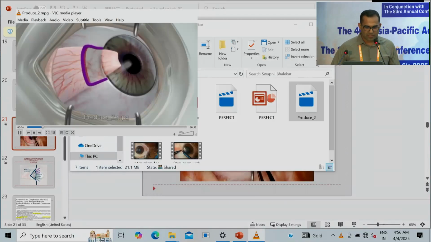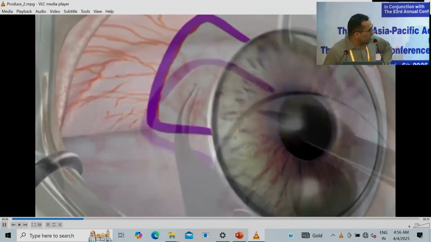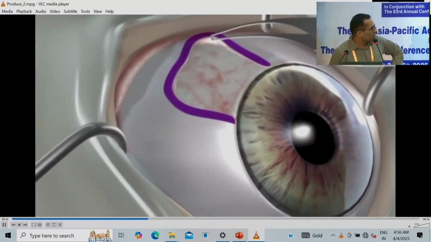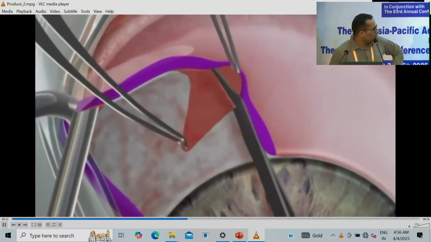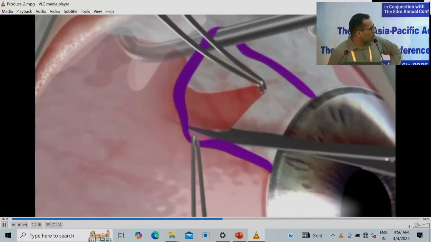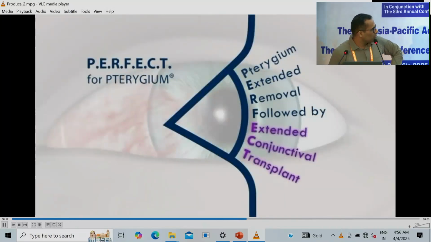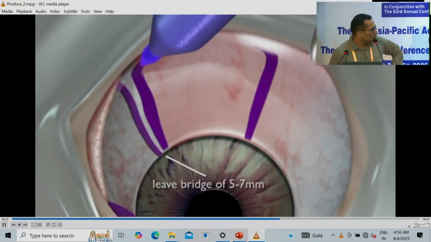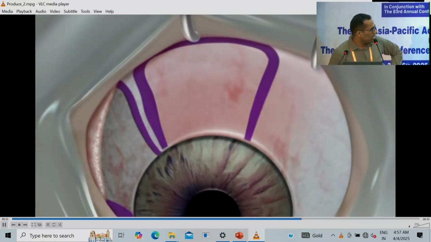So what he does is, you can see once he has removed the head, he extensively goes and tries to remove the tenons all around. Then he also hooks the medial rectus muscle, and all around the muscle he removes the tenons. Extended graft means he has to take a very large graft which goes almost up to the fornix, around 10 millimeters behind the limbus.